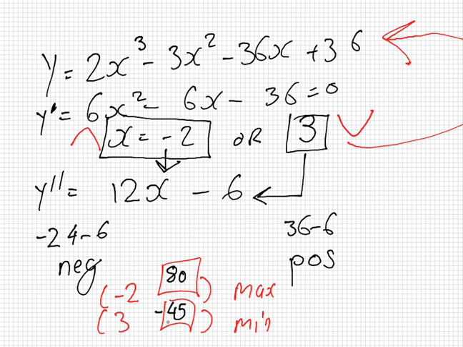Now, I just said a minute ago, 0 means it's changing from being a max to a min. But when you find the slope of the tangent to be 0, that's usually at the top, not when it's changing. So how could it be that the first and the second derivative is 0? That doesn't make any sense.